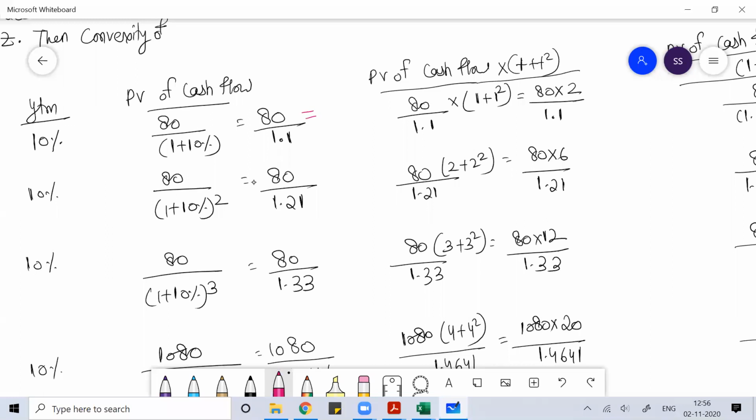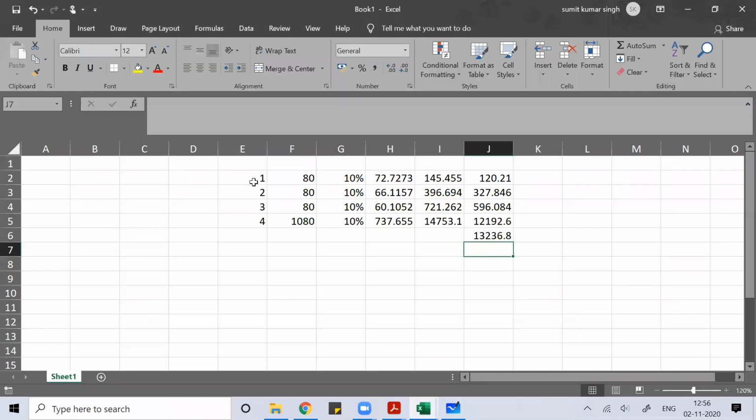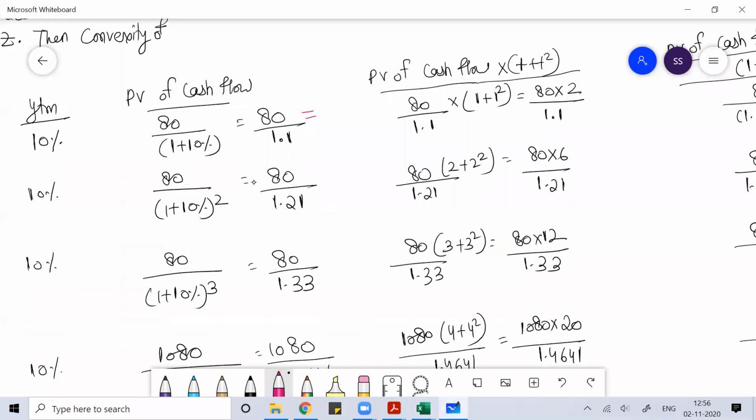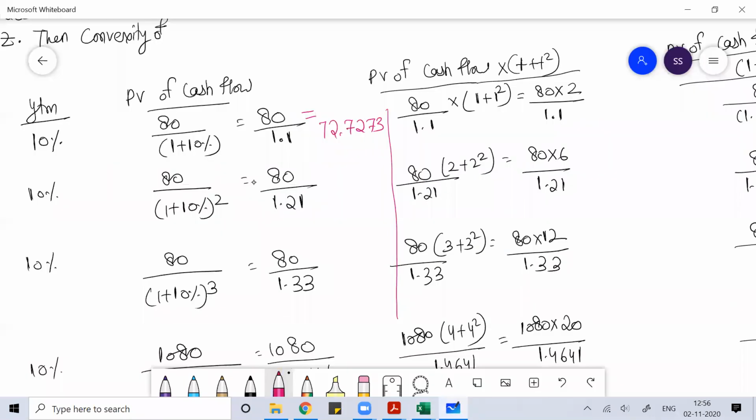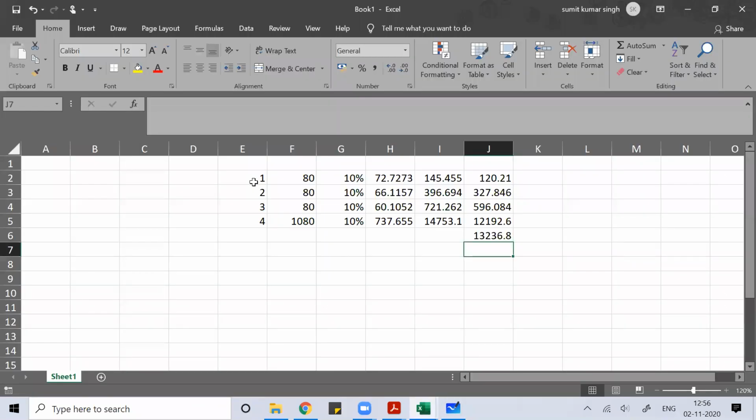What is 80 divided by 1.1? That is 72.7273.